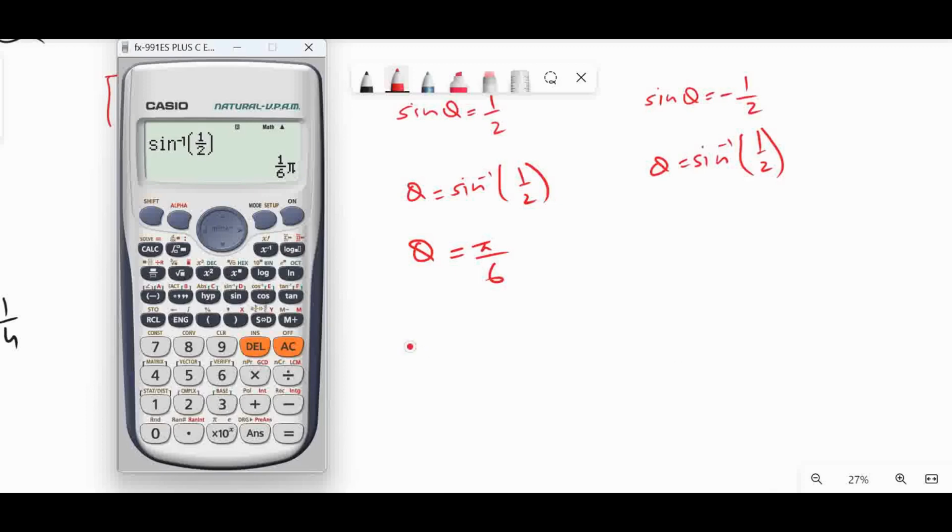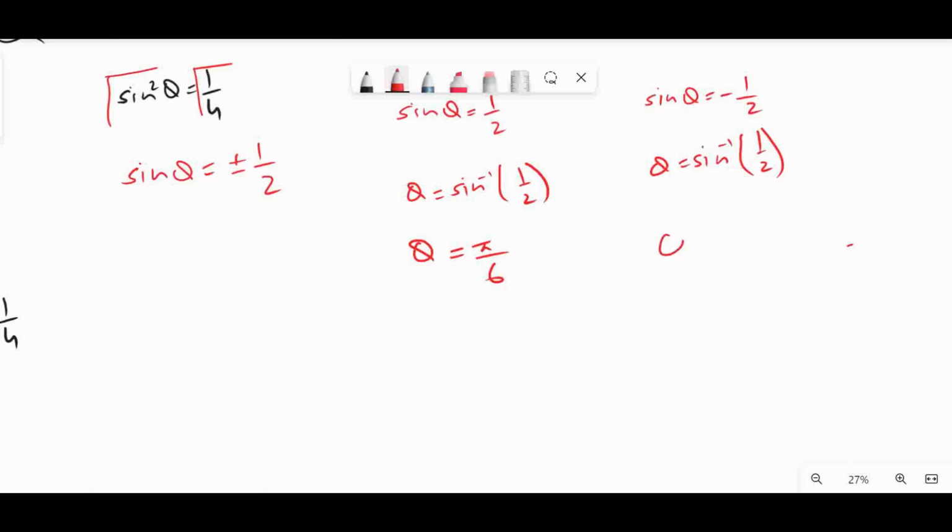The other one is sine inverse of minus 1 by 2. This will be equal to minus pi by 6. So theta will be equal to minus pi by 6. Now here we have to use this strategy, that is CAST.